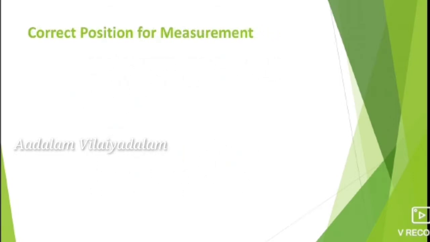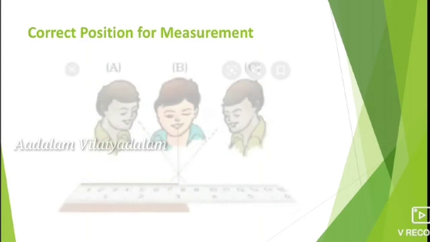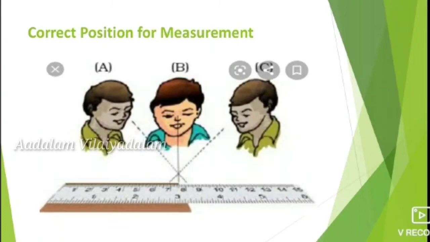And next we learn about the correct position of the eye during measurement. The position of the eye is also important for taking measurement, and your eye must be exactly in front, vertically above the point where the measurement will be taken. You have to place your eyes exactly in front of the vertical position of the scale.